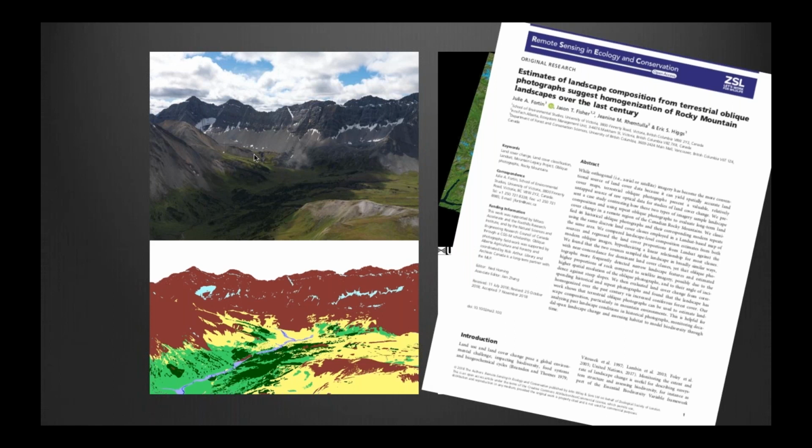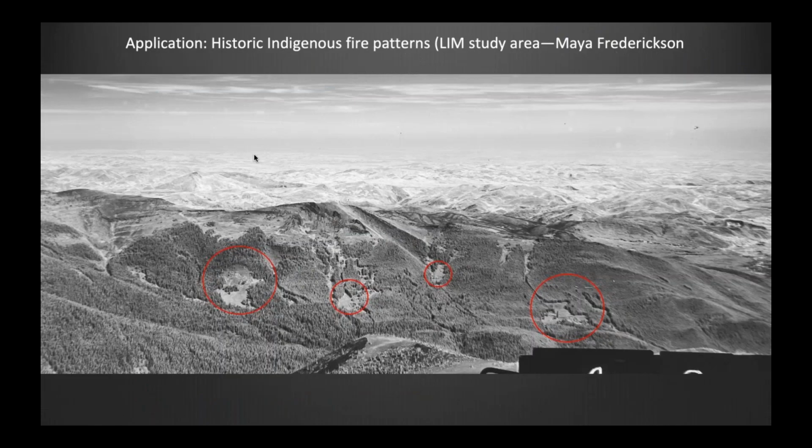We're in the home stretch. Let me just turn to one last case study and then wrap up. This is work that's about to begin and is going to be focusing in the Landscapes in Motion study area, so near K Country in southwest Alberta. This is graduate student Maya Fredrickson, who will, over the next year and a half, be looking at historic Indigenous fire patterns.